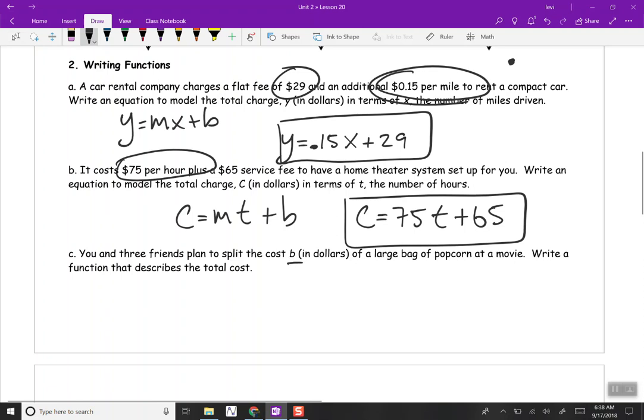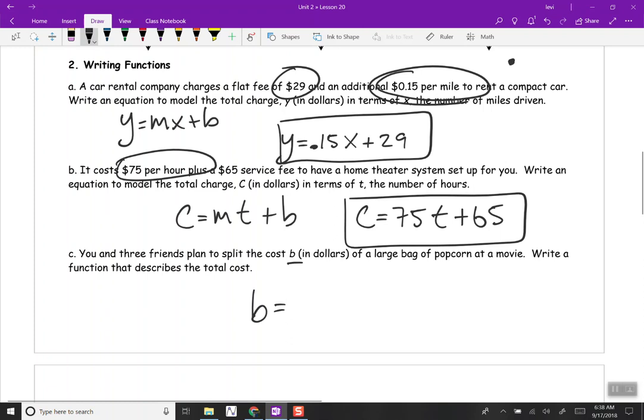And it says to use B, so B equals the cost in dollars of a large bag of popcorn. You and 3 friends plan to split the cost B in dollars of a large bag of popcorn at a movie. Write a function that best describes the total cost.